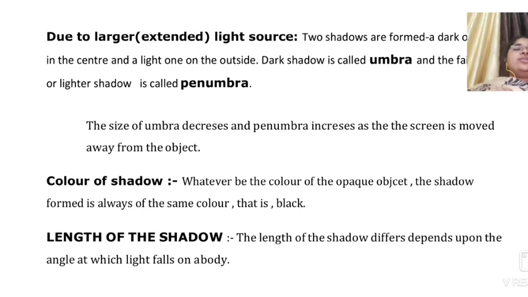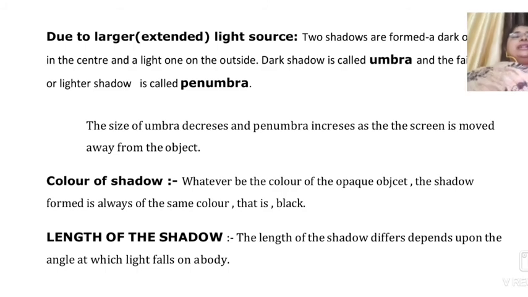So students, for example, when a vehicle is stopped at any point and its headlight is on, at that time we can see umbra and penumbra clearly. But when the vehicle goes far away from this point, the umbra decreases and the penumbra increases.